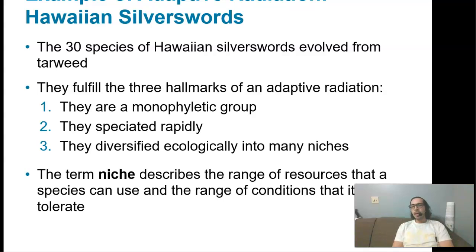They speciated rapidly, and they diversified ecologically into many niches. The term niche means a role that an animal can have in the ecosystem. It means the resources that they can use and also the range of conditions that they can tolerate.